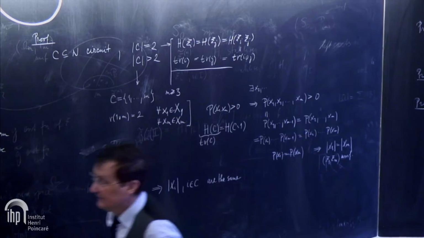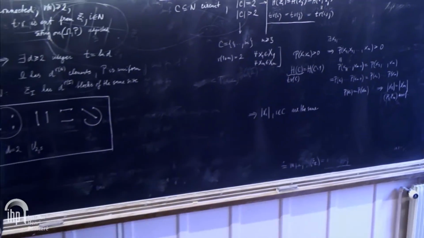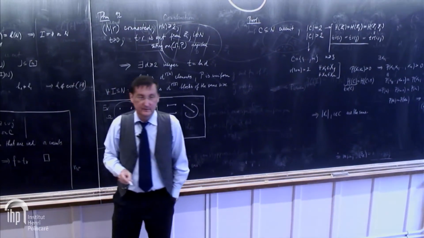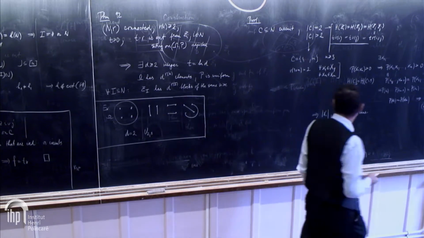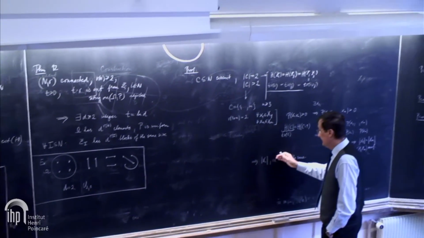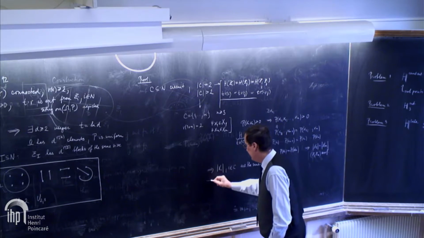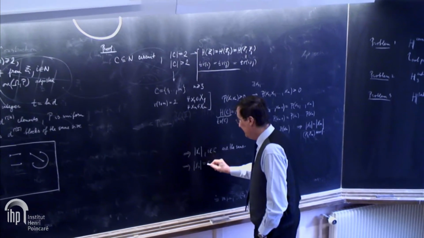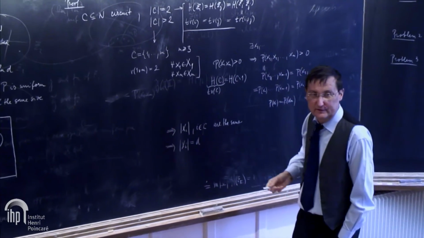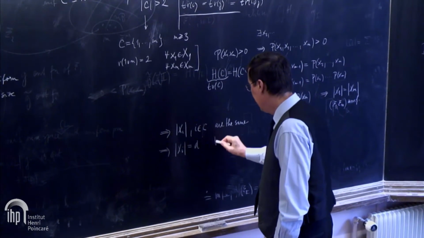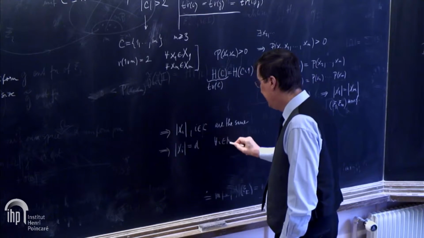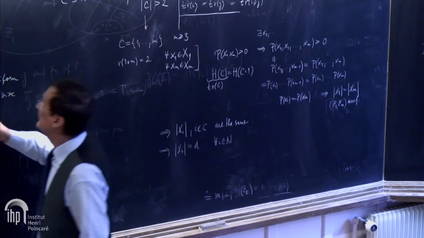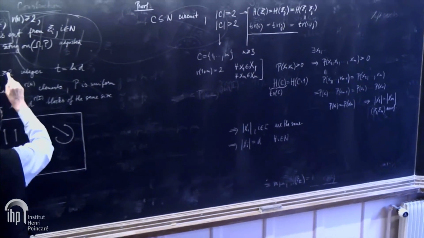And then I use the same lemma like here. Every 2 points are in a circuit, and then all cardinalities are the same, and I denote the common cardinality by D. This is the D here.